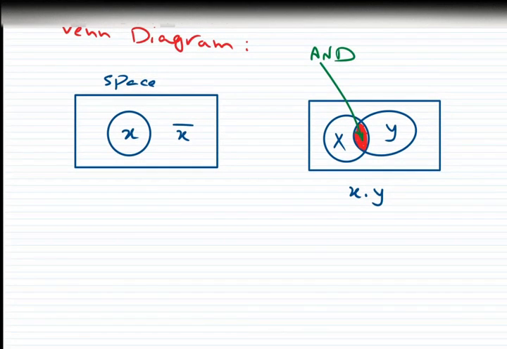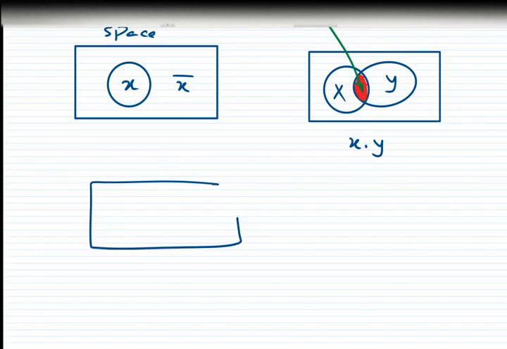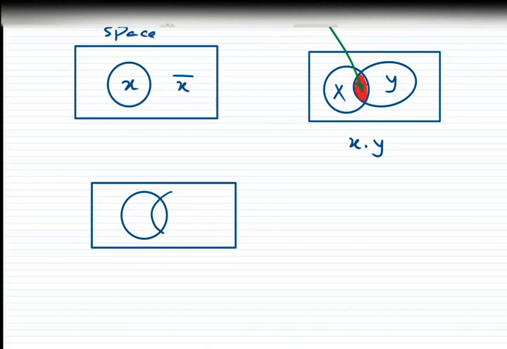So let's see another example. This time we want to see what is OR gate, OR function. For OR function, again we show two subspaces for two variables. So here is variable x and variable y, and we want to show x plus y. x plus y, what does it mean?